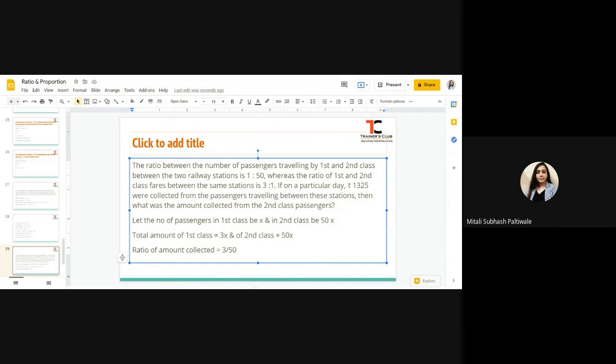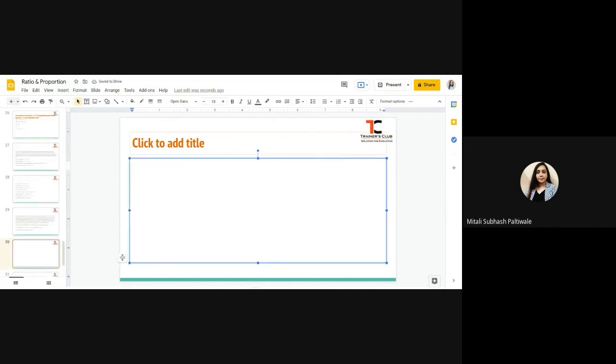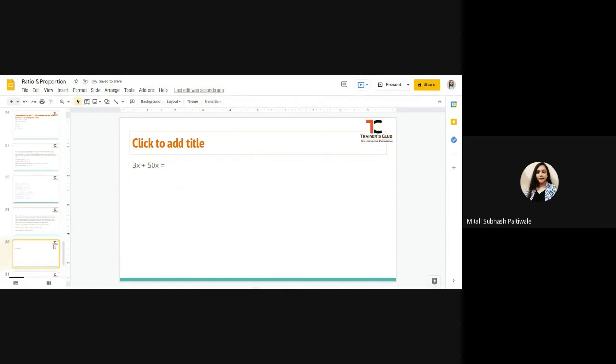So this will become 3x plus 50x is equal to how much amount was that? It's 1325.